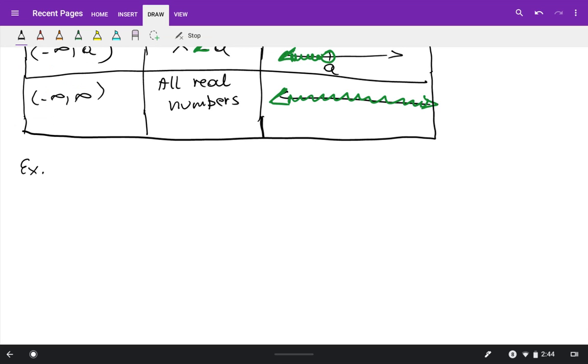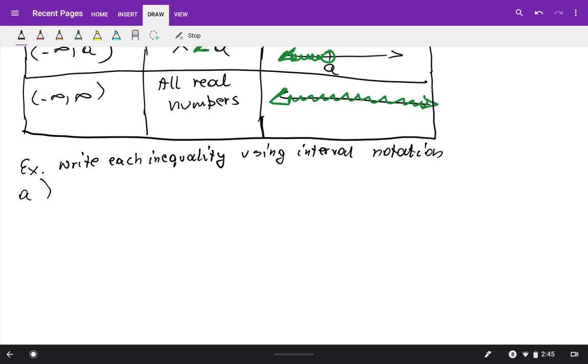So for the example, I want you to write each inequality using interval notation. And the first one is 1 less than or equal to x less than or equal to 3.